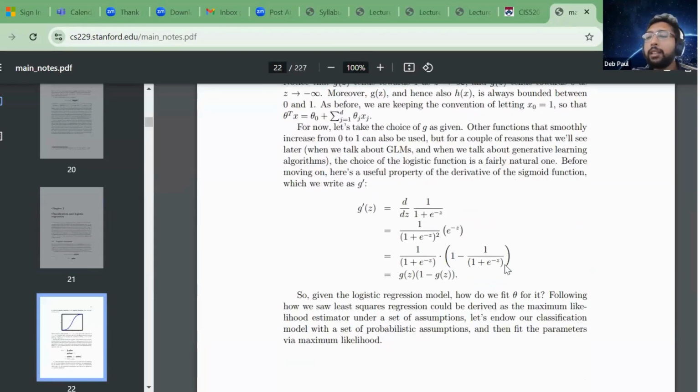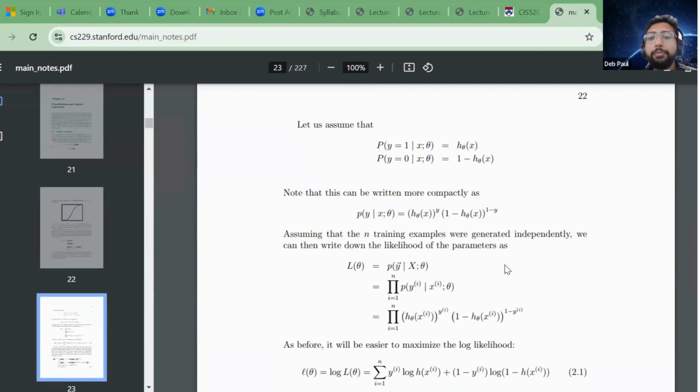Again, if I think from a probability standpoint, in logistic regression my prediction follows a Bernoulli distribution. So P of y given x and theta is nothing but what my classifier estimates. P of y equal to 0 is 1 minus what it estimates.